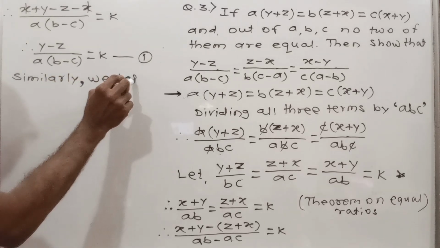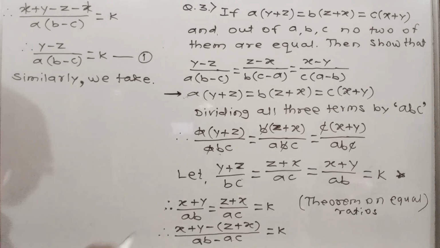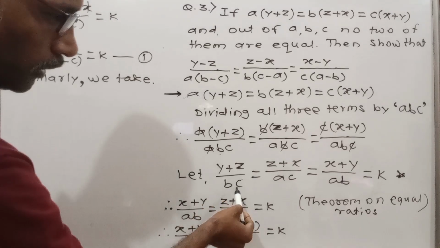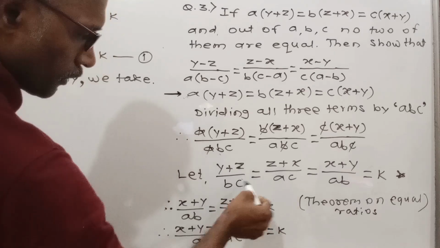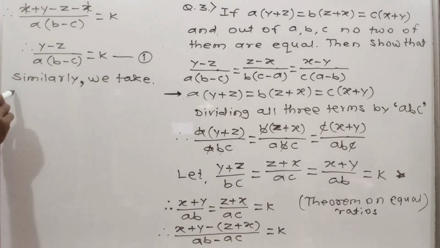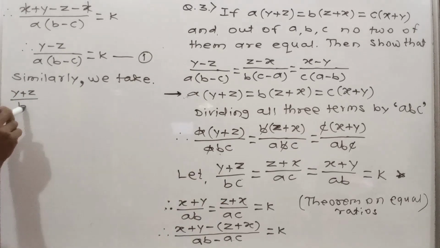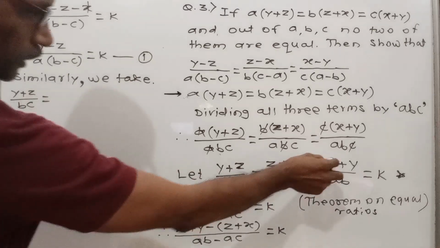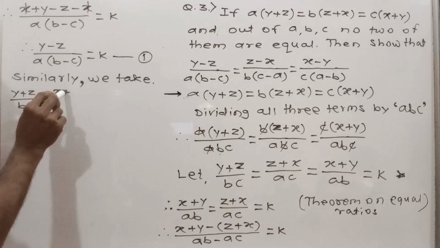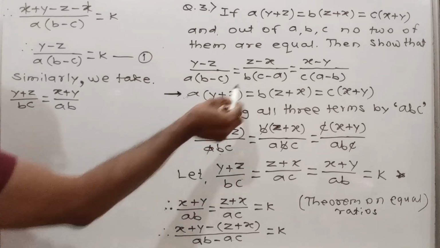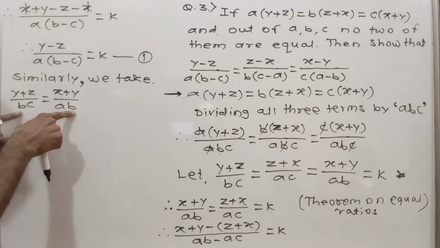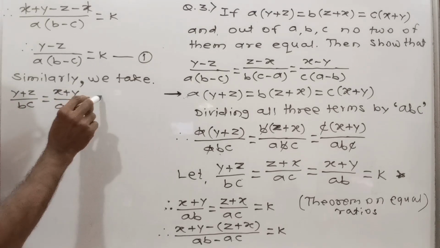Now we want b(c − a). We take (y + z)/bc = (x + y)/ab, b common, equals k.